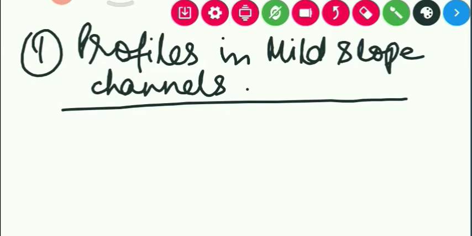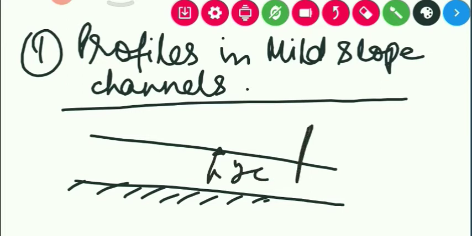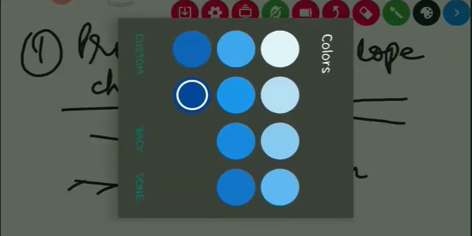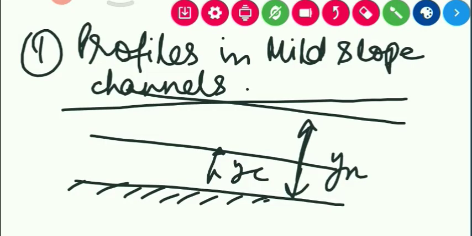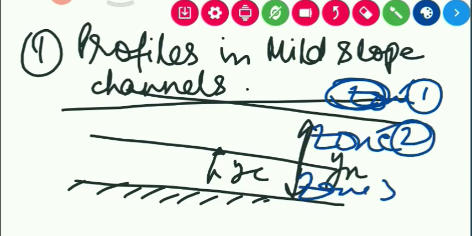In mild slope, we have the critical depth which is smaller than the normal depth of the flow. So here y can lie either in zone 1, or in zone 2, or in zone 3.